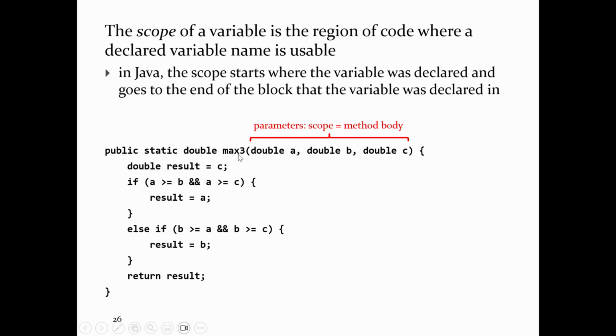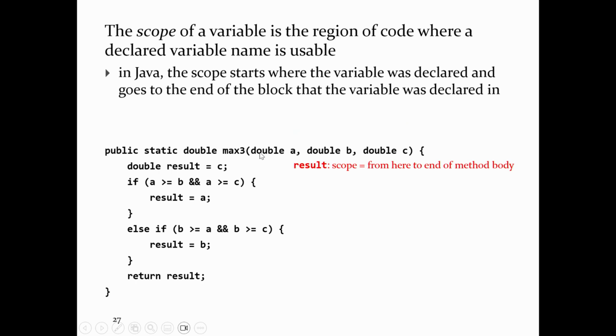In our method max3, we have three parameters, A, B, and C. They're declared in what's called the header of the method. These variables A, B, and C are usable as soon as you get inside the block of the method, all the way to the end of the block that defines the method.